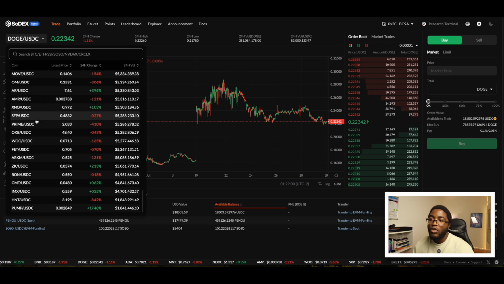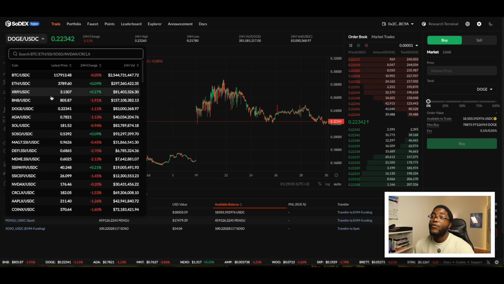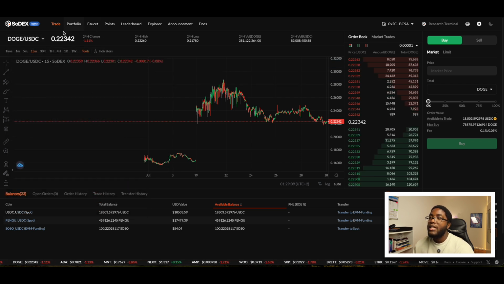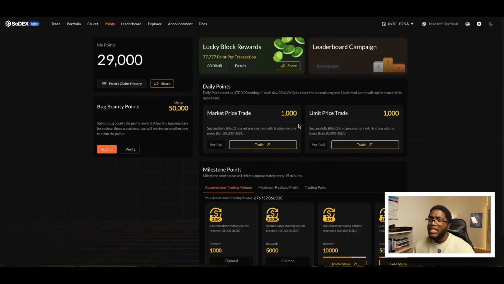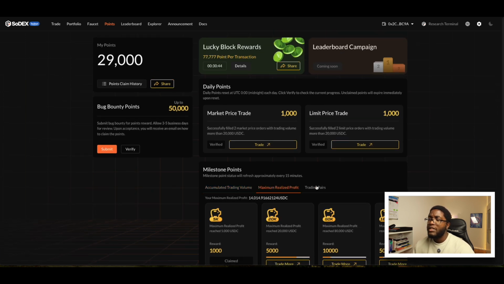You have to use all of them so that you can get that 71 plus trading pairs. Very important. That is basically everything with this whole trading and profit.